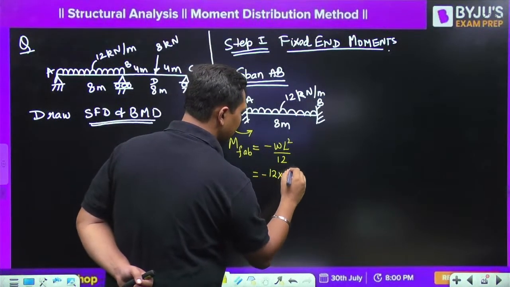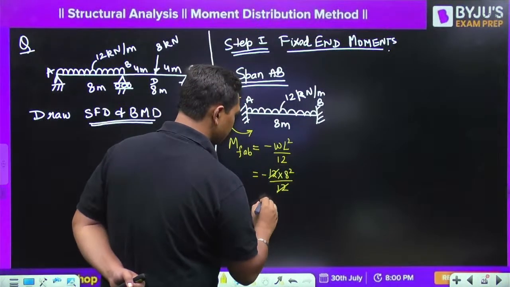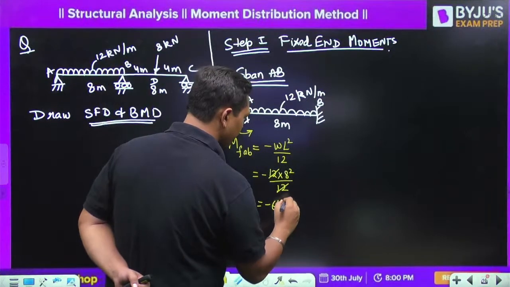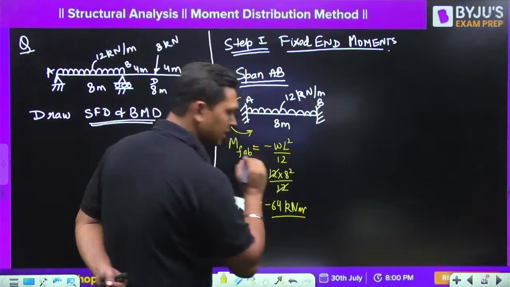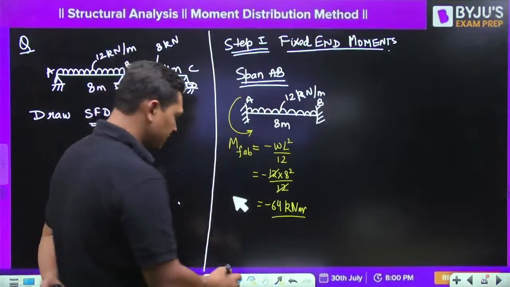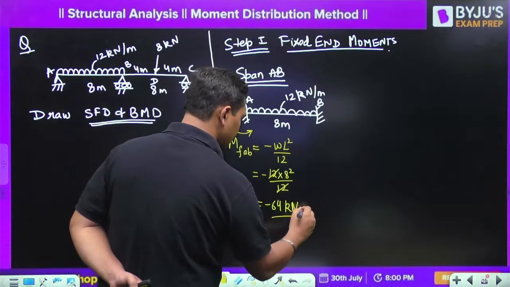Length is 8, square, by 12. So this cancels out and this becomes equal to minus 64 kilonewton meter. Yes, everyone.